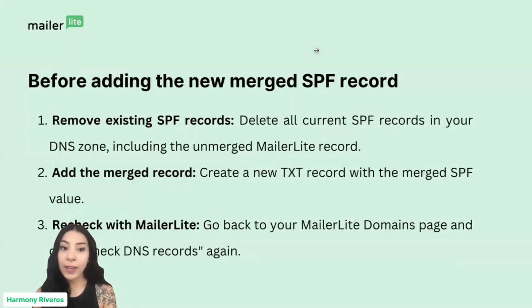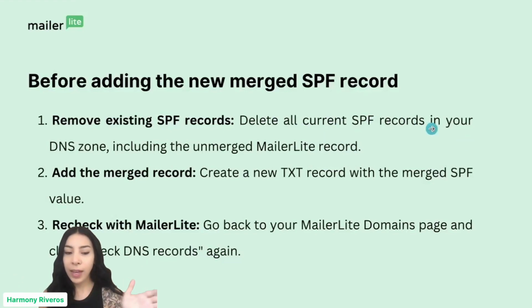So what does that look like? You've seen the error, you've clicked that button, and you see you have a new SPF record to add. This is what you would do. You would first remove all existing SPF records in your DNS provider, in your hosting provider, in Bluehost, in GoDaddy, whatever it is. Delete all the SPF records in the DNS zone, including the MailerLite record.